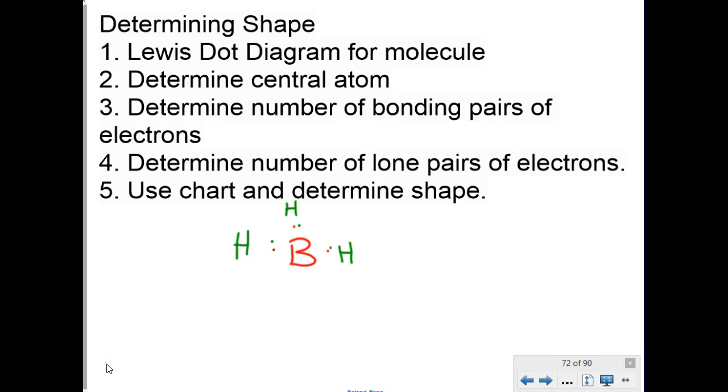Step 2, determine the central atom. The central atom is boron. How many bonding pairs are there around boron? So there's 3 bonding pairs. Are there any lone pairs?